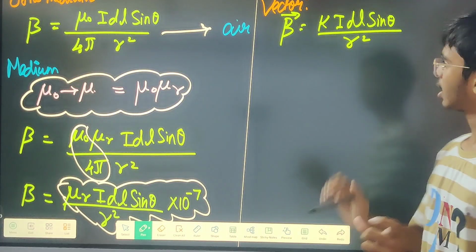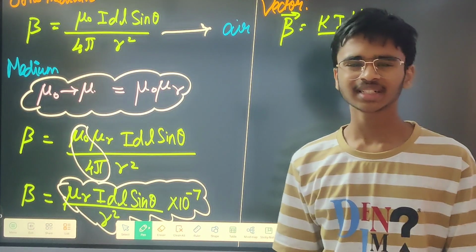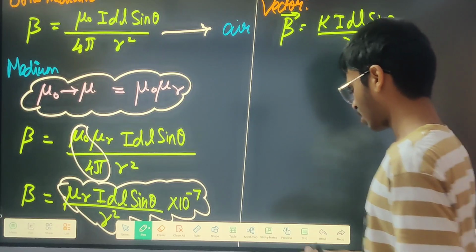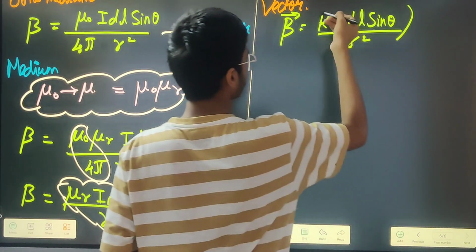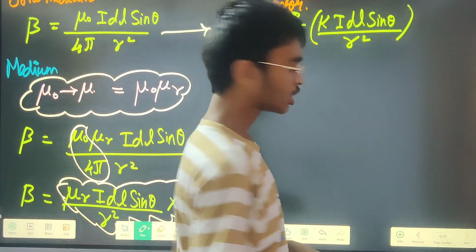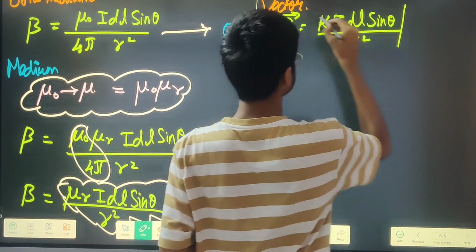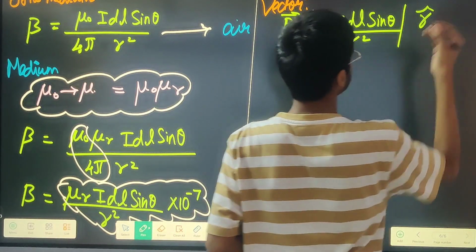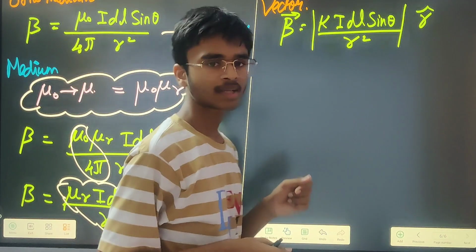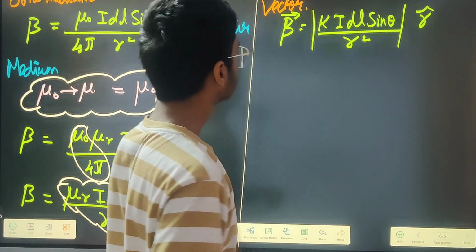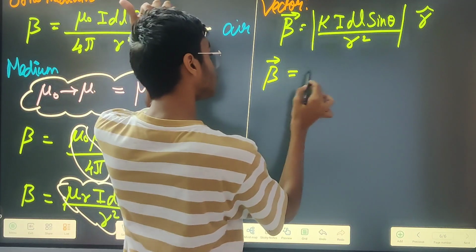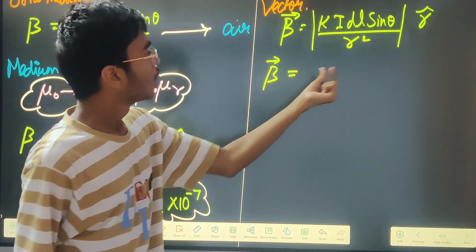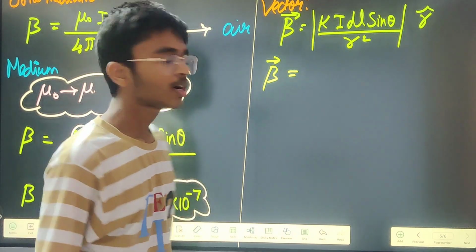In a medium, if they have asked for the vector quantity, it will mostly be in r form. This is actually just the magnitude, so along with this magnitude I have to put a unit vector, which is r cap.